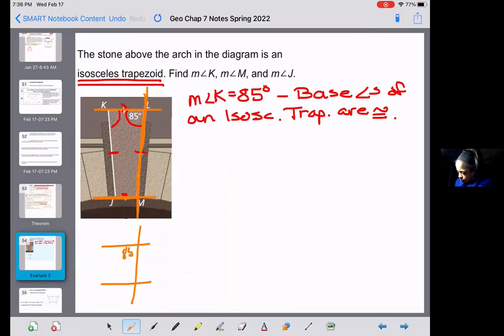An angle here is 85, so this angle in question down here is consecutive interior. That means it's got to be supplementary to the 85. So the measure of angle M is equal to 95 because that angle is consecutive interior to angle L.